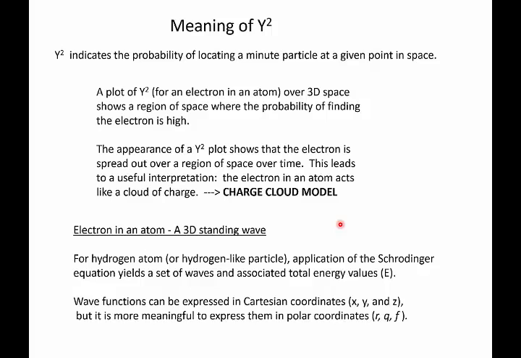You get a mathematical description of the electron wave given by psi, and you also get the energy value for the electron in that given energy level. Wave functions can be expressed in Cartesian coordinates, that is, with x, y, and z coordinates, but it's actually more meaningful to express them in polar coordinates.